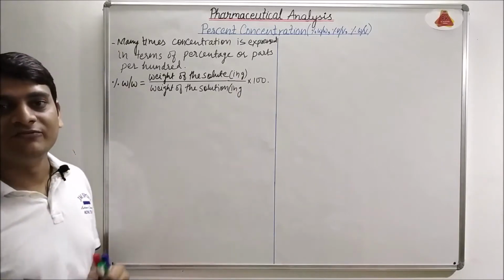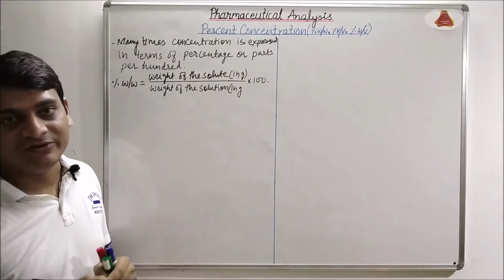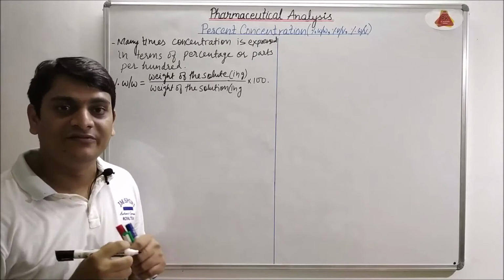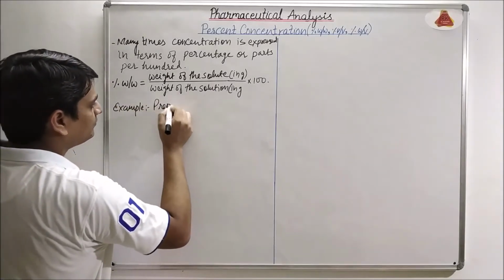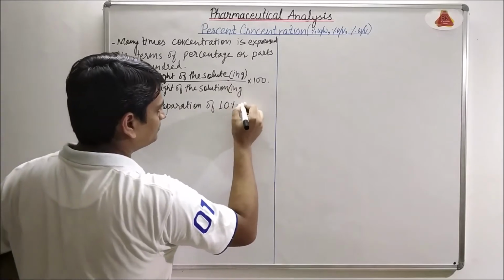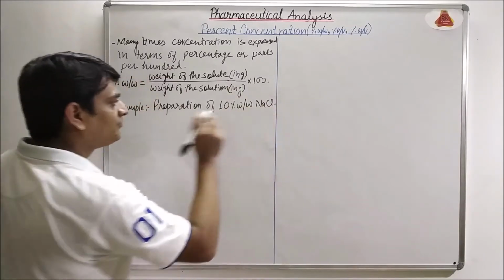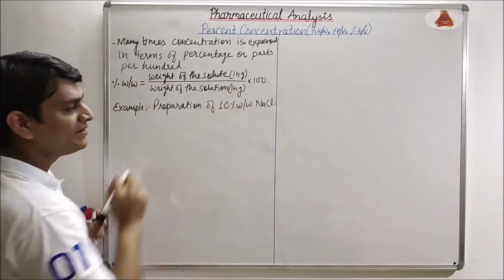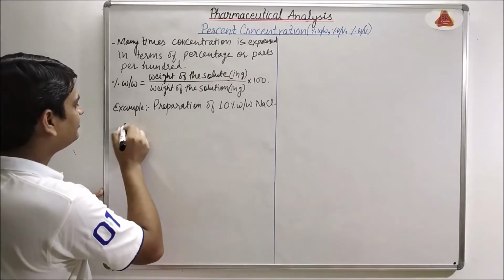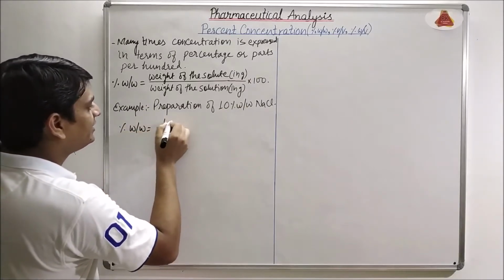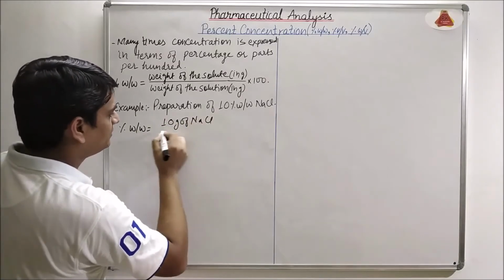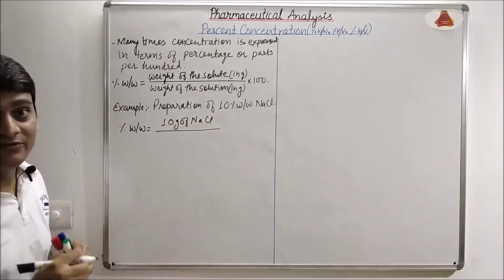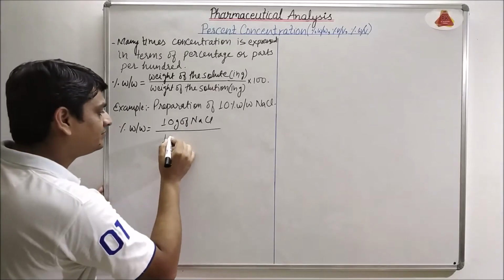Now here I am taking one example of NaCl: how will you prepare 10% weight by weight NaCl? For preparation of 10% weight by weight NaCl, we have to take 10 gram of NaCl and the total weight of solution should be 100 gram.